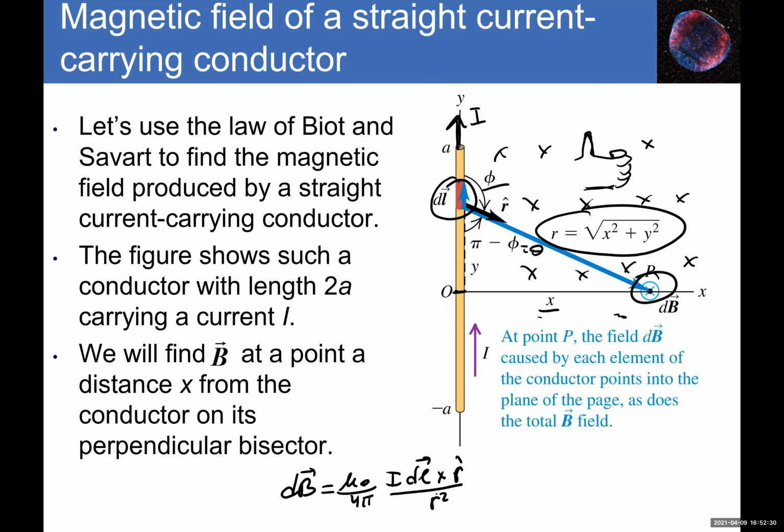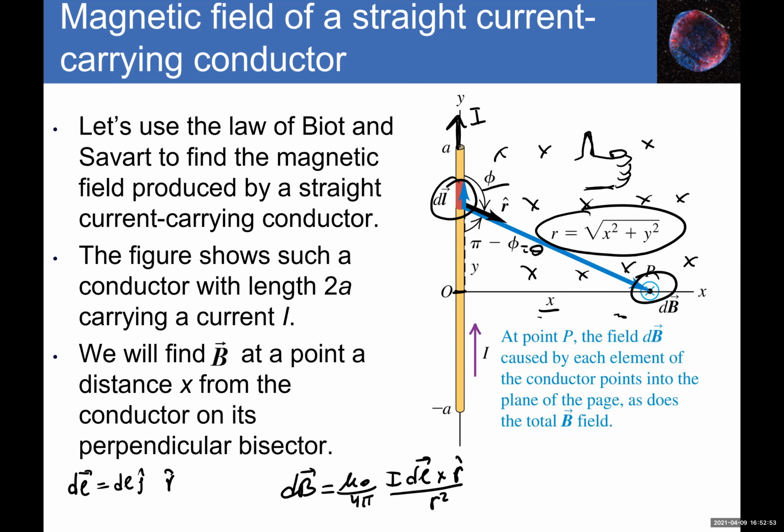In terms of my equations, it's kind of similar, where my dl is a small element. In this case, I can say that my dl as a vector is dl j hat.